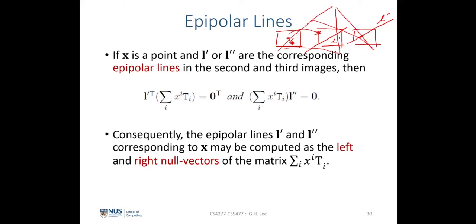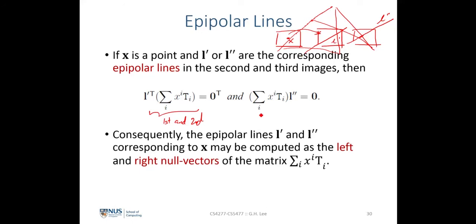We'll do the proof later, but we'll just state that the relation between the epipolar line, the trifocal tensor, as well as the image point that gives rise to this particular epipolar line, is given by this equation. This is between the first and second view, and what it means is that I'm back-projecting the point to the ray and then projecting this ray onto the second view to get the epipolar line.